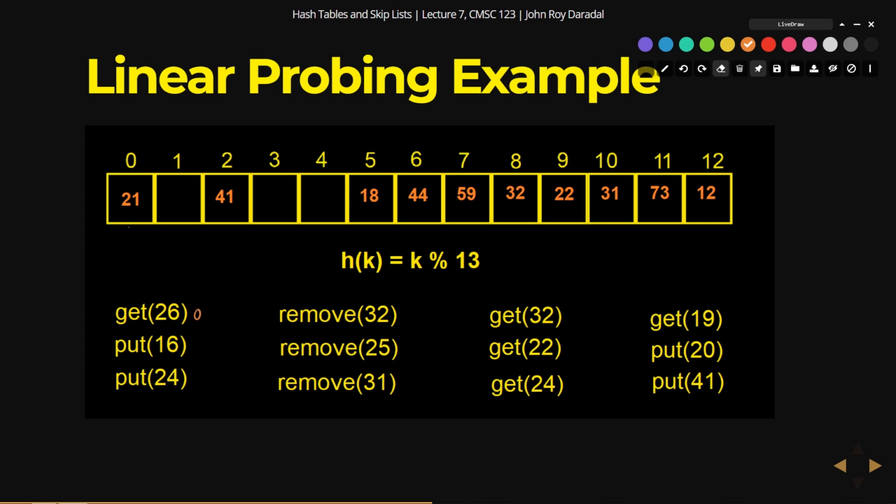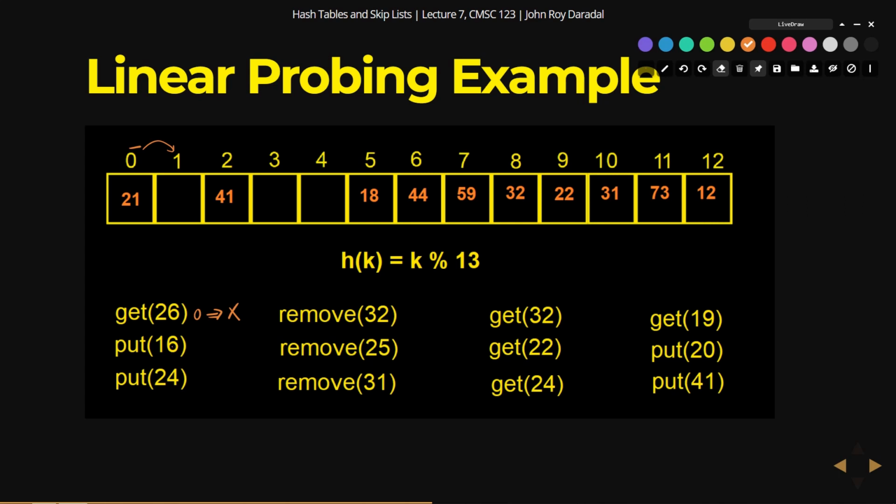So we'll start here at index 0, and then is this 26? It's not. Check the next index. 1 is already empty, so we know that 26 does not exist. Okay, so there's no 26. Okay, next, what if we try to put 16?